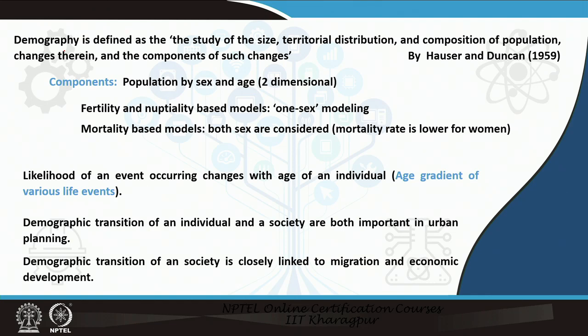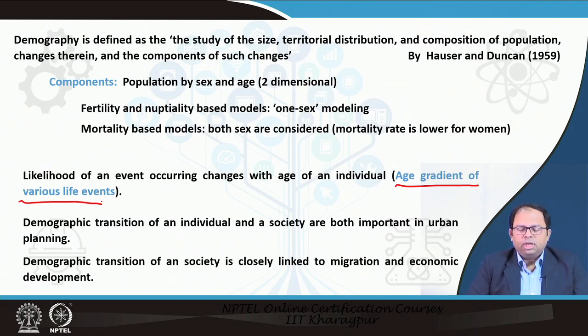So we can say that the likelihood of an event occurring changes with the age of an individual, or we can also call it the age gradient of various life events. That means mortality, fertility, all this changes as per the age group in which the population currently is.